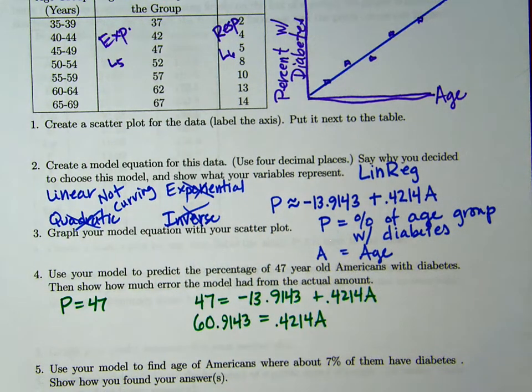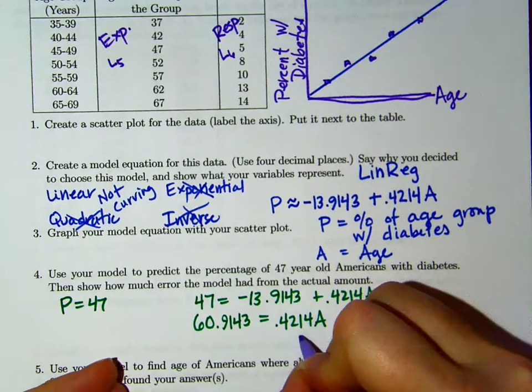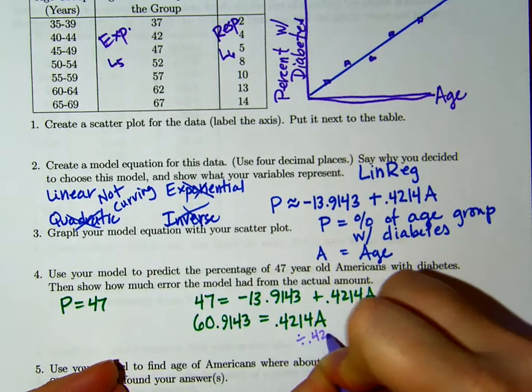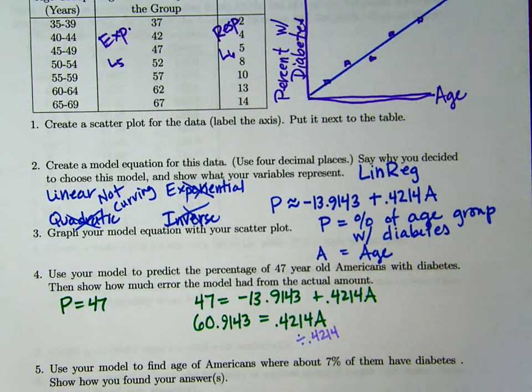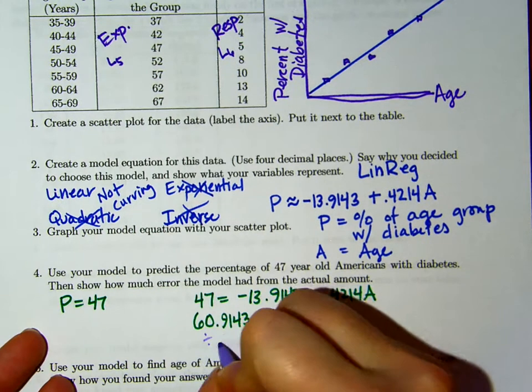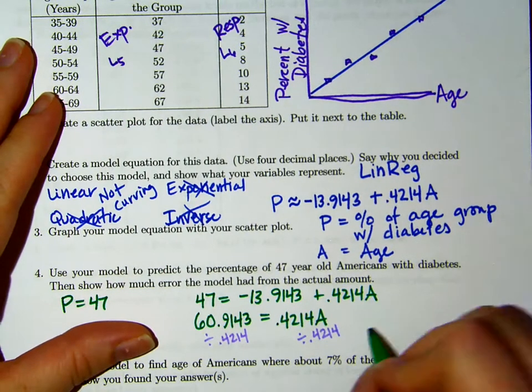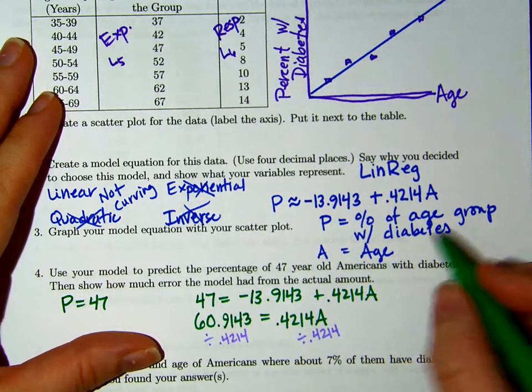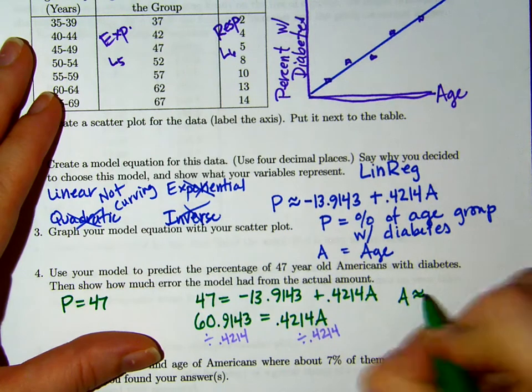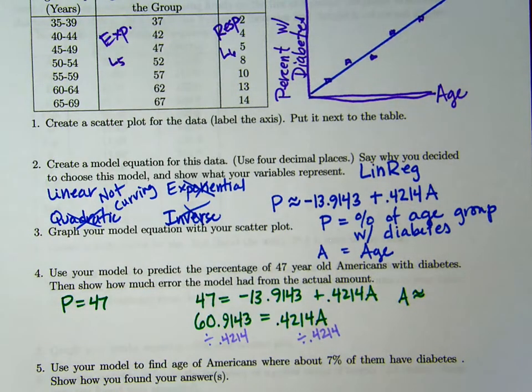Now I am going to scale. Divide both sides. Scale this by 0.4214. Okay, and that means the age will be approximately 60.9143 divided by 0.4214.